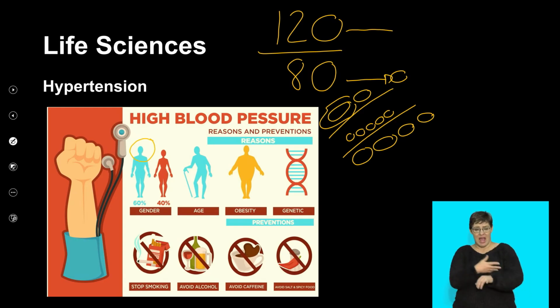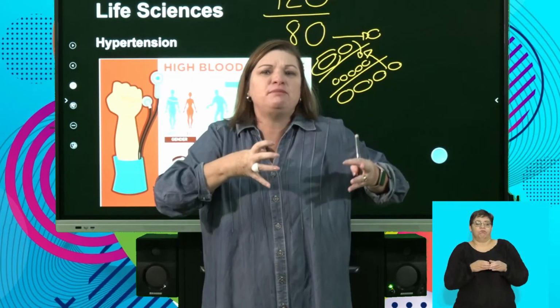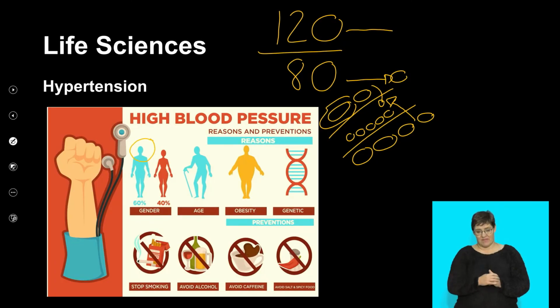Where does water move? From a high concentration to a low concentration. It moves into my blood, which makes my blood fuller. And what does fuller mean? It means more pressure. That is why, when you do have hypertension, salt is one of the things that you need to really watch.